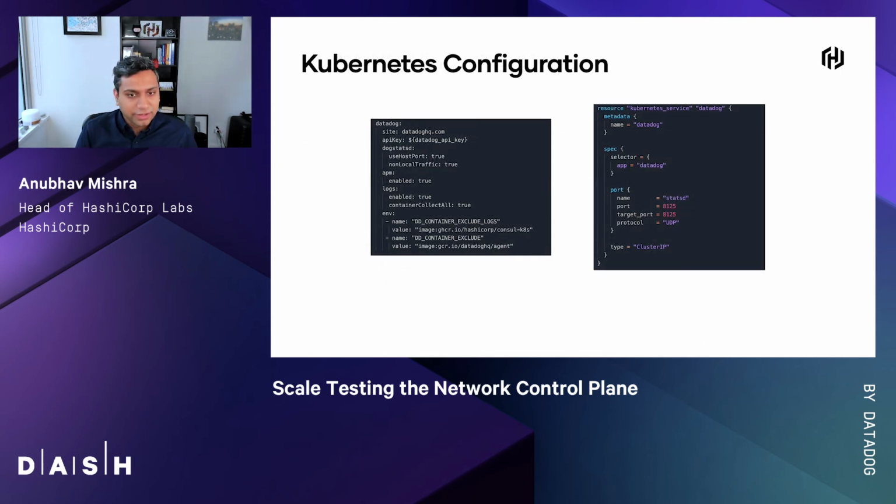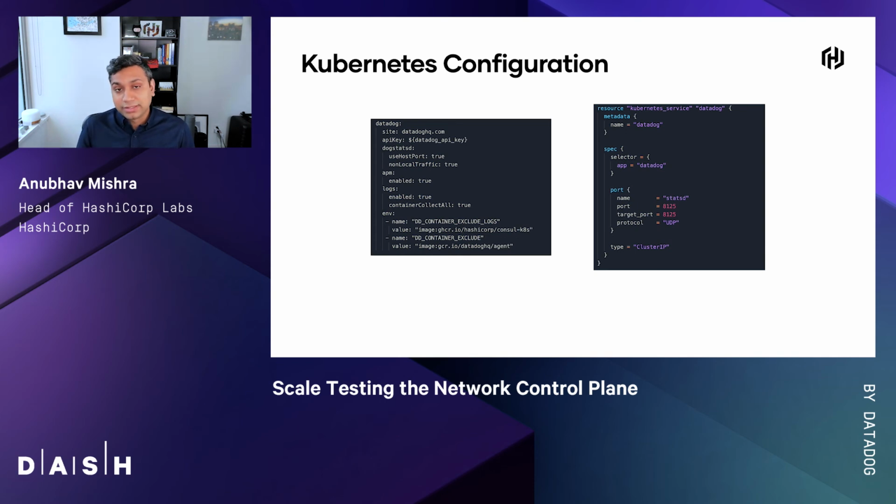All right, the Kubernetes configuration, again, very, very straightforward. On the left, you see the Helm values that we provided to the Helm chart for the Datadog agent. We enabled StatsD, we provided the API key, we enabled APM, we enabled logs to be shipped for our containers. And then we set some environment variables to exclude some of the logs from being shipped, again, to make sure we don't send logs that we might not need for the experiment.